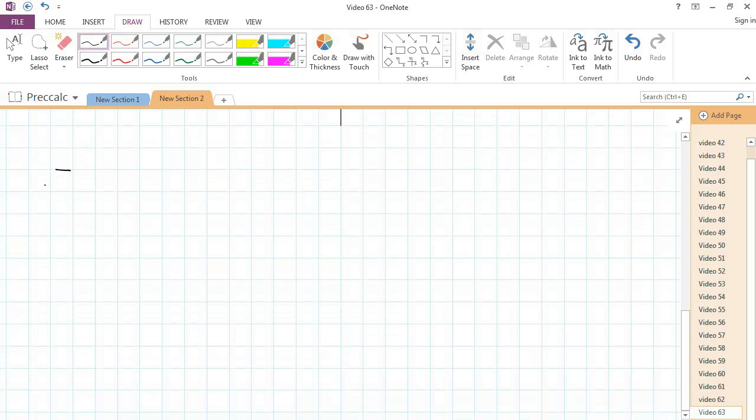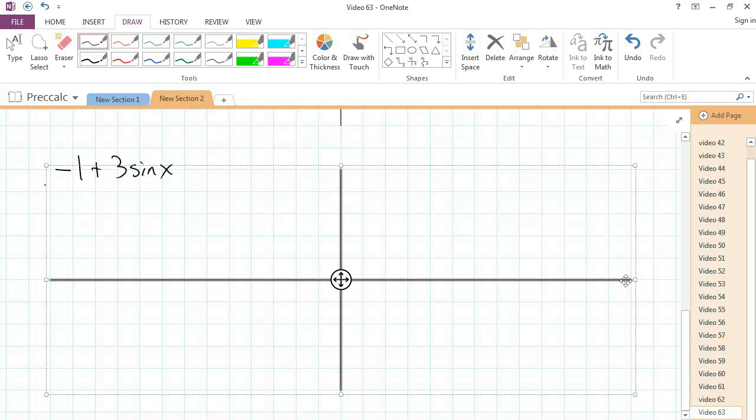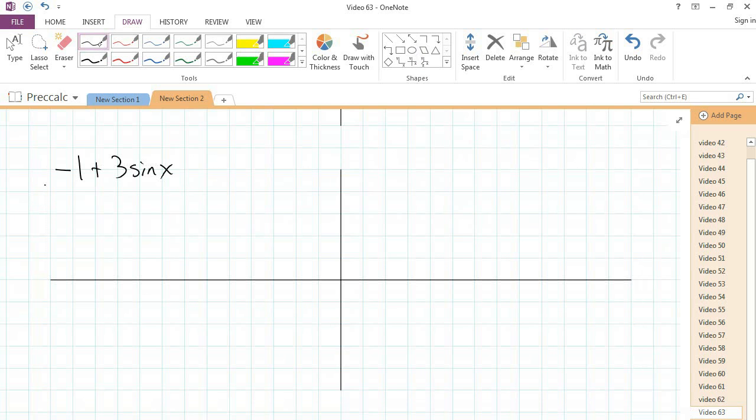Let's look at -1 plus 3 sine of x. Every mark on the x-axis is going to be worth a quarter of the period. For absolutely no reason whatsoever, I've decided to make 3 marks worth a quarter of my period.